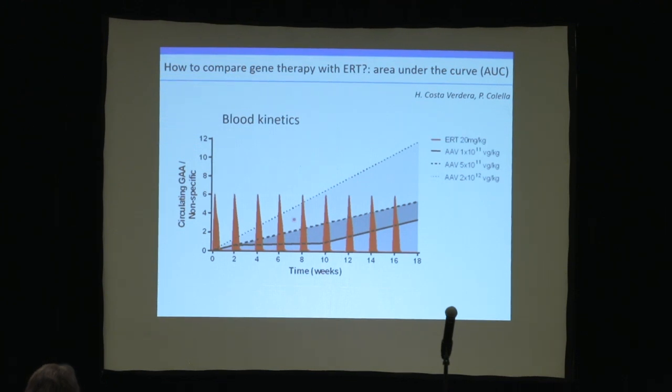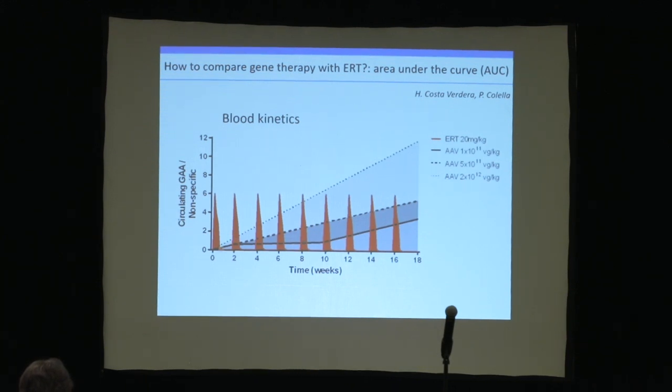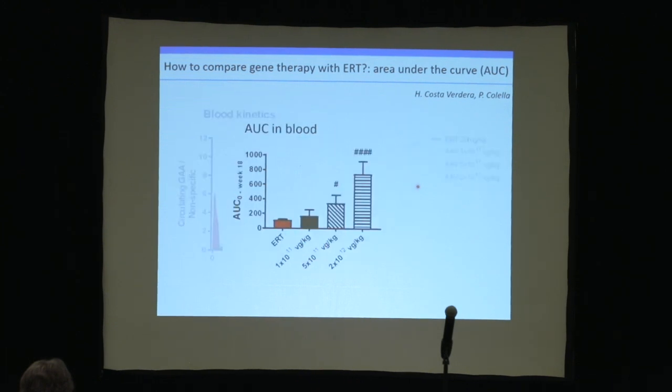This is not a cartoon. These are real data of the area under the curve after administration of ERT, of 9 times ERT, and the area under the curve calculated for the gene therapy. And you remember there was a similar efficacy of ERT and the lowest dose of gene therapy.